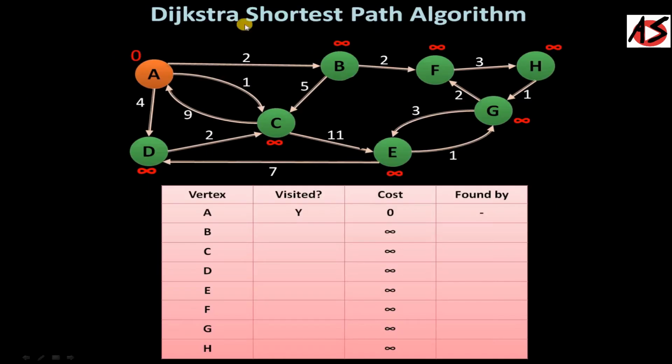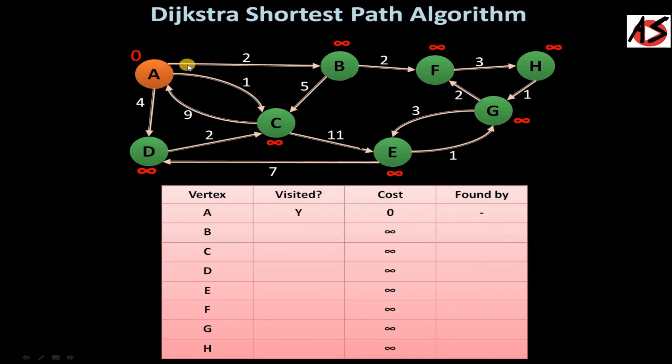So for this graph you can use the Dijkstra algorithm to find the shortest path from a single source vertex to all vertices in the given graph. Here we will take the source as A and we are finding the shortest path for all vertices with respect to vertex A. It looks very complicated, but once we understand it step by step, it's very easy.